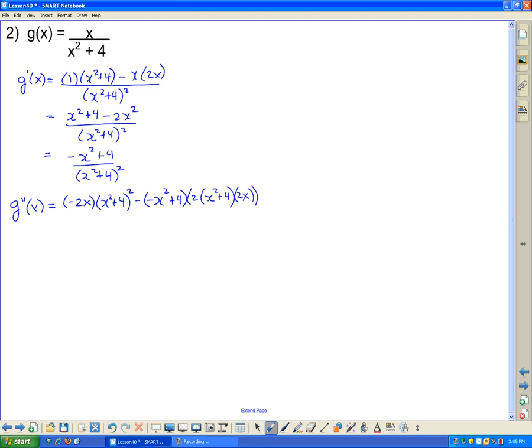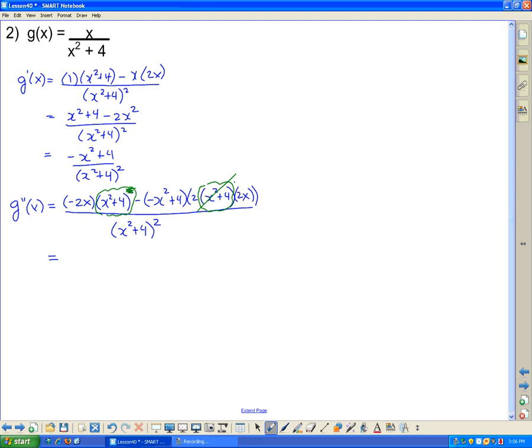So we use our chain rule there, all divided by x squared plus 4 squared. Now we look at this one, make life a little bit easier. There's an x squared plus 4 here, and there's an x squared plus 4 here. This one only has an exponent of 1, so I can cross that one out and cross my exponent out there, and then we're dividing it.